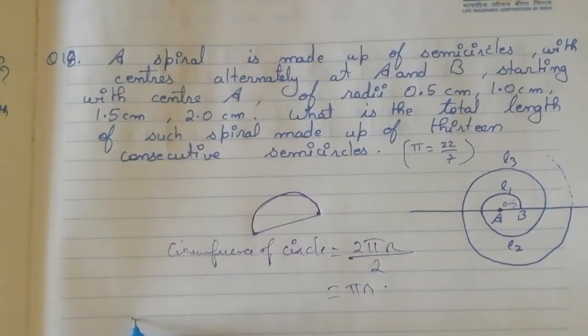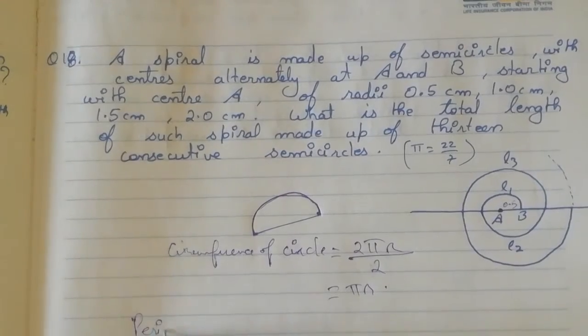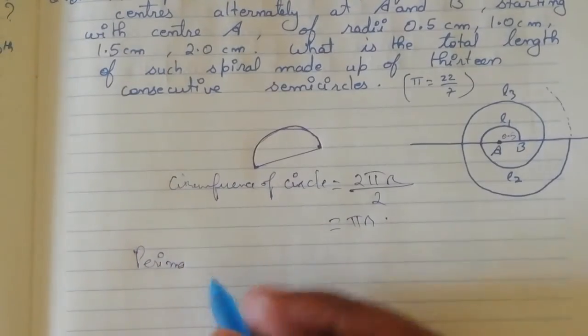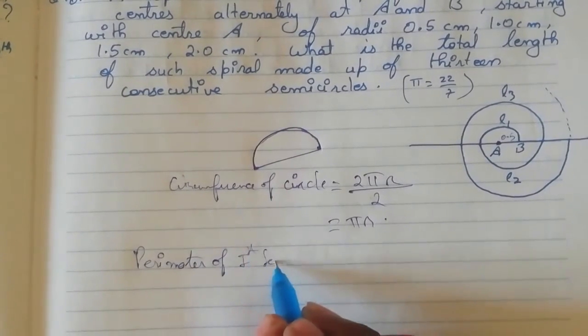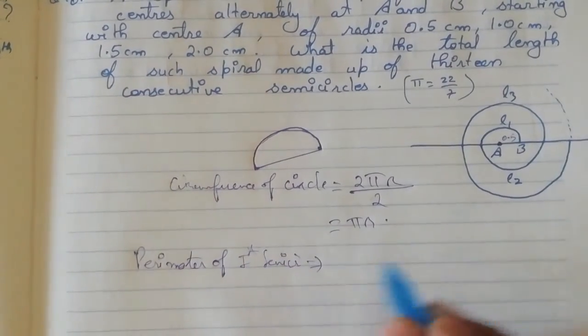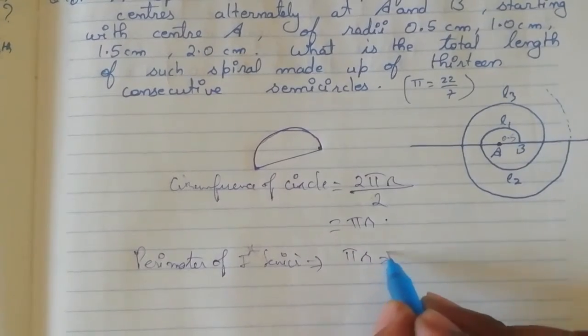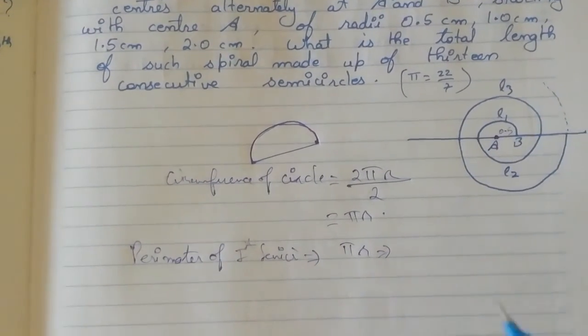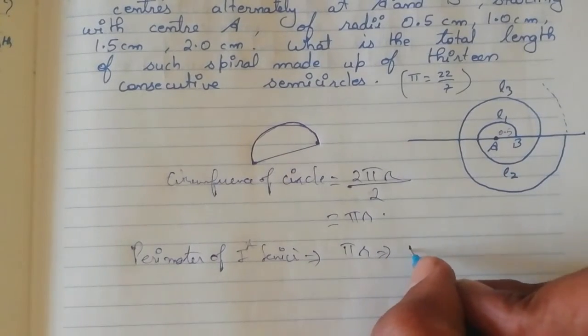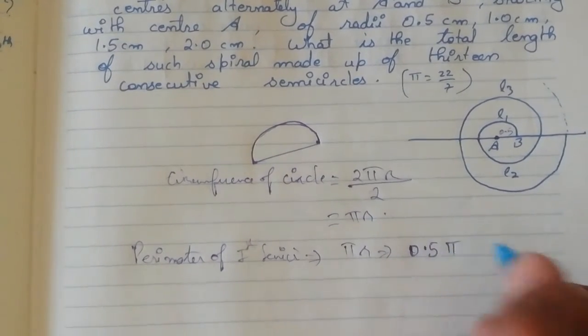So the perimeter of the first semicircle is pi r, and here we don't have to put the value, we can put it later. So here we can write it as 0.5 pi.